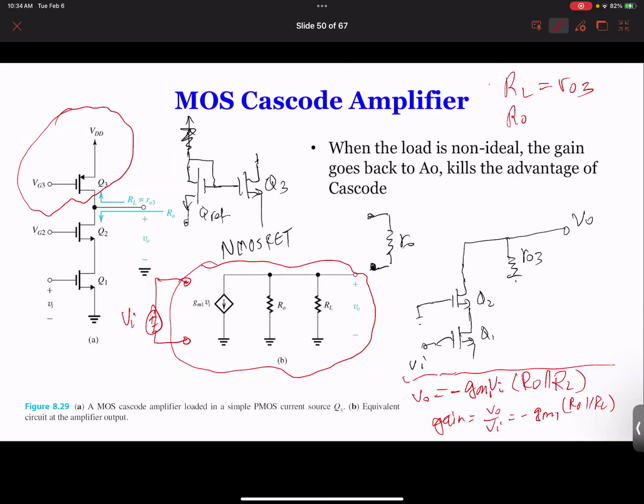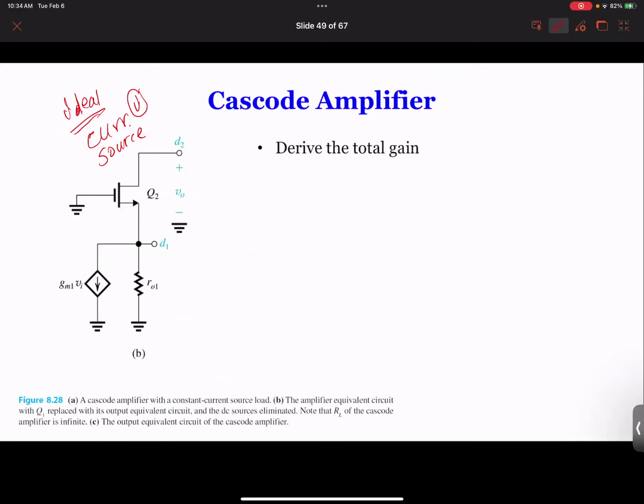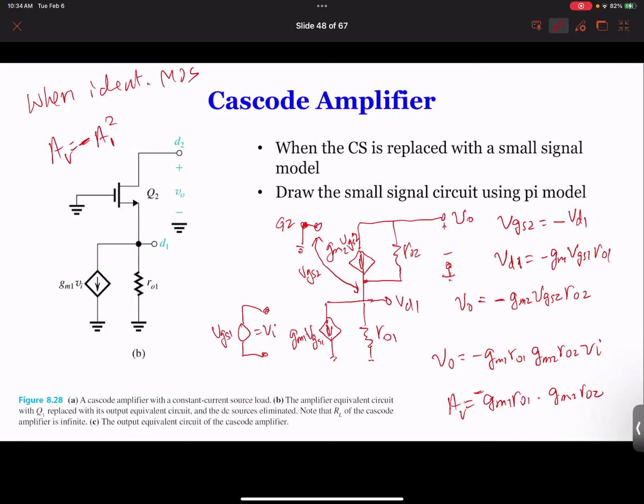The equivalent circuit that we got, from the previous example really, we can use this equation here, because over here we got the AV.